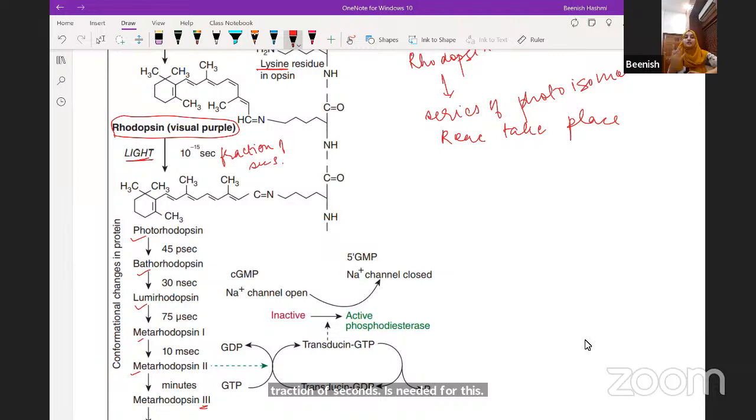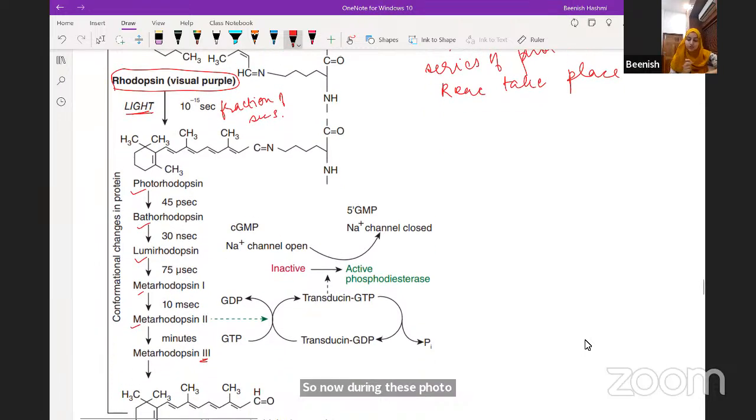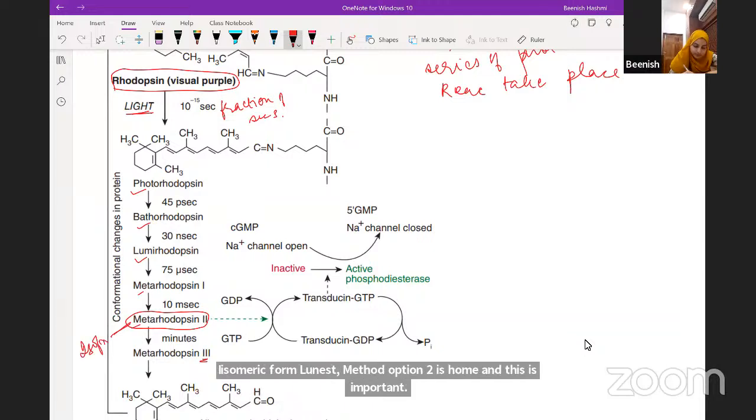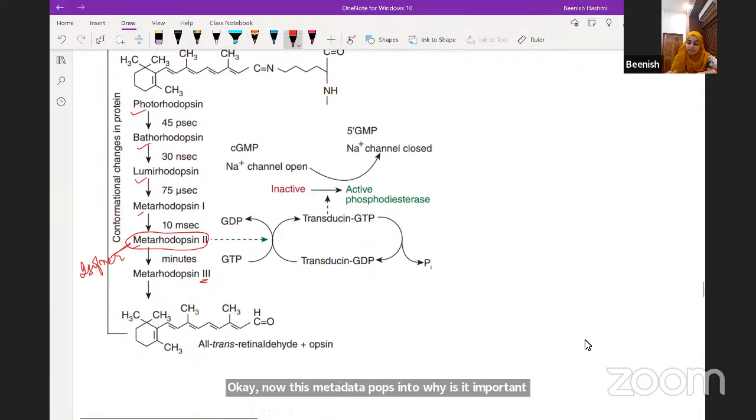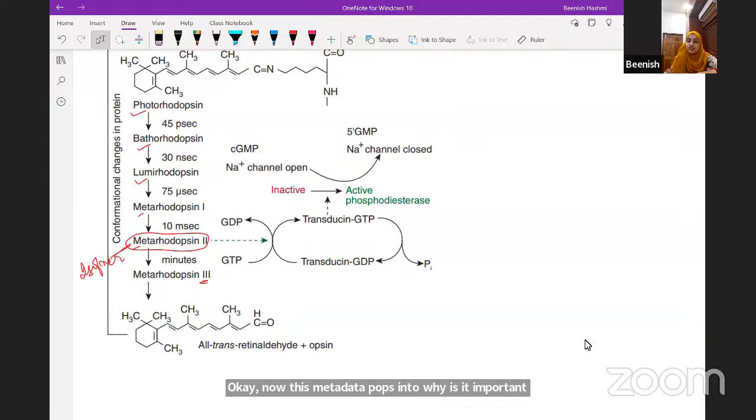So now during these photoisomerization reactions, an isomeric form known as metarhodopsin 2 is formed. And this isomer is important. Now this metarhodopsin 2, why is it important? Because it is able to initiate a signal cascade pathway.